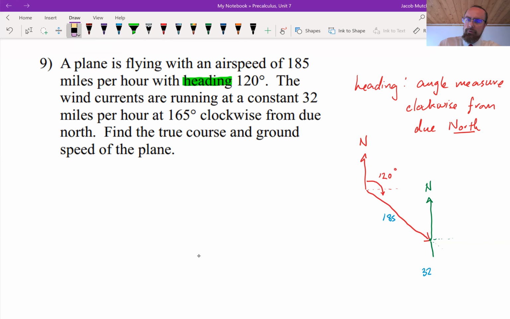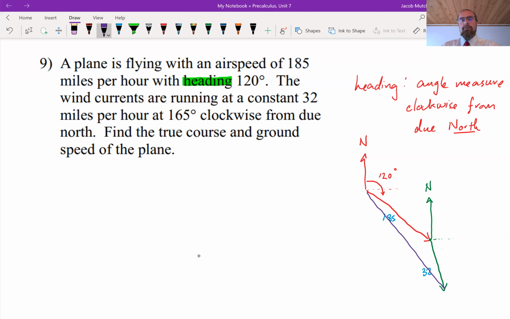So I'm going to adjust this one so it's more to scale. We'll say it's got about a length like that. To make a triangle that's going to represent the actual course and direction of the plane, all I'm going to do is connect the endpoints of my two original vectors.